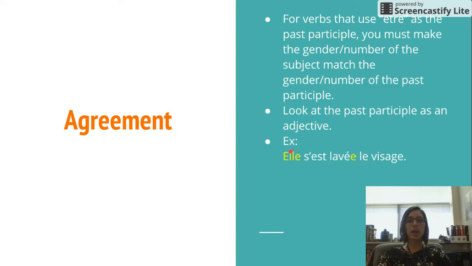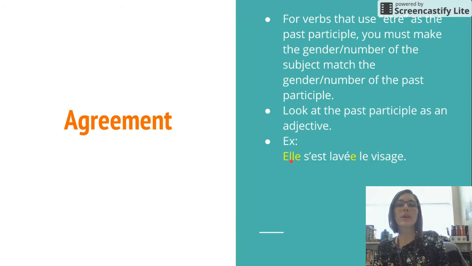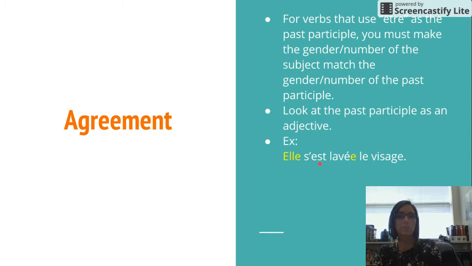Right here, elle is our subject, and elle is feminine and singular. So we need to make sure that because we used être as the auxiliaire, our participe passé has to be feminine and singular, just like elle is feminine and singular. So I add an extra e. Now, if we had something plural, you would also add an s.